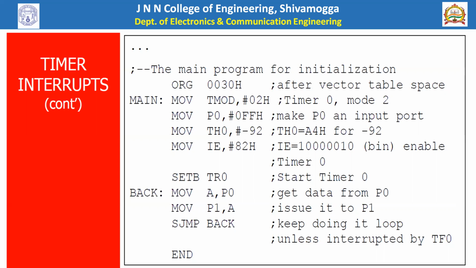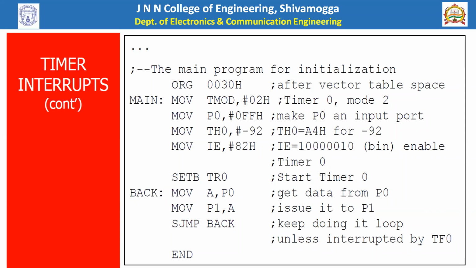While the microcontroller is doing this main job, in between there will be an interrupt from the external device. The job handled by the interrupt service subroutine, in this example, is generating a square wave using timer 0. The square wave period is 200 microseconds, so the on period is 100 microseconds.